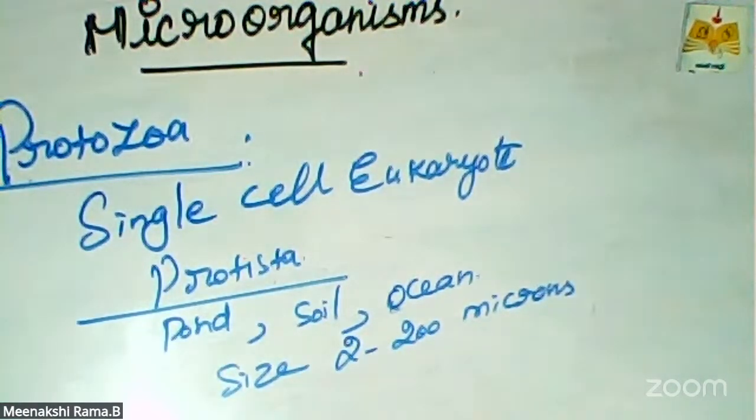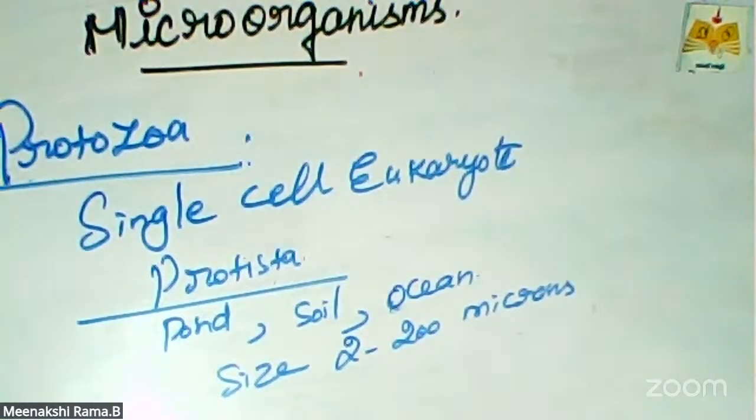What are the types of protozoa? Ciliates, with the presence of cilia for locomotion. Second one is flagellates, with the presence of flagella for locomotion. Third one, pseudopodia, with the presence of pseudopodia for locomotion. And then sporozoa, which are parasites.